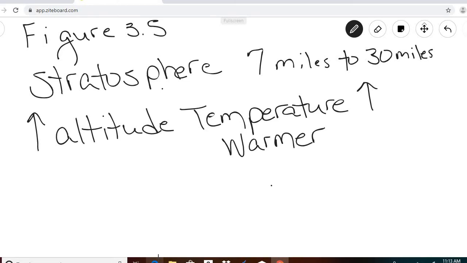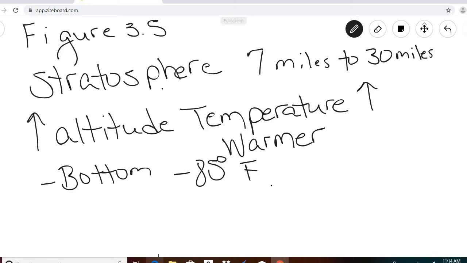At the bottom of the stratosphere, the temperature is about negative 85 degrees Fahrenheit. But when you get to the top of the stratosphere, the temperature is about 37 degrees Fahrenheit. So with increasing altitude, the temperature actually increases, it gets warmer.